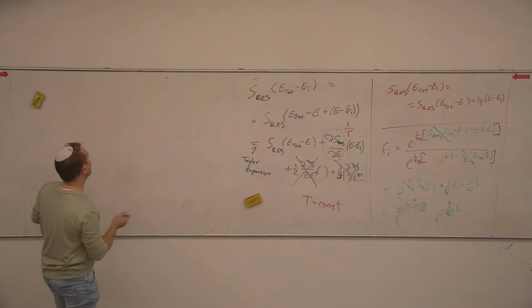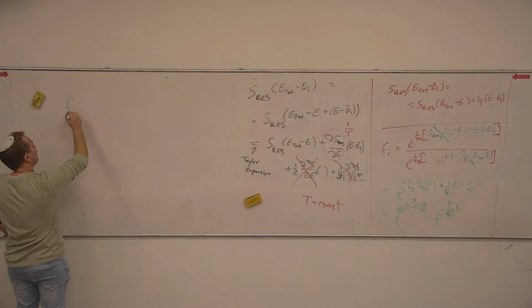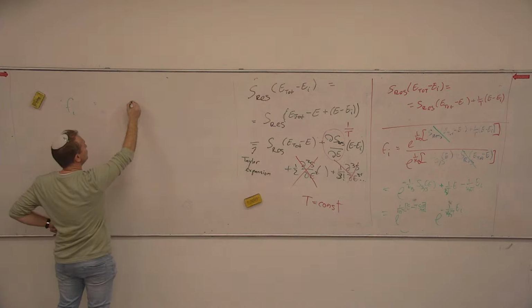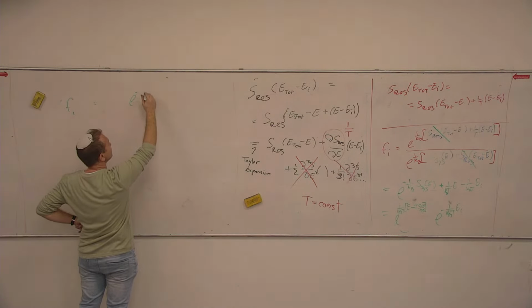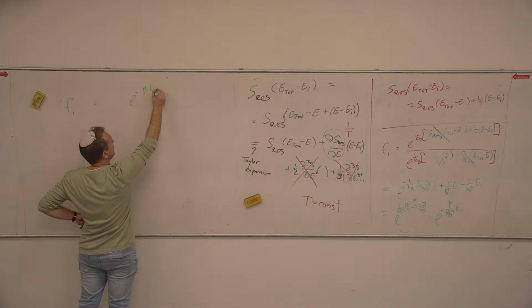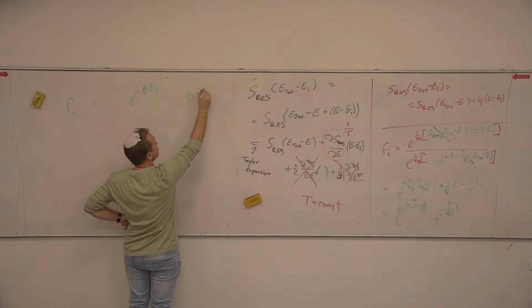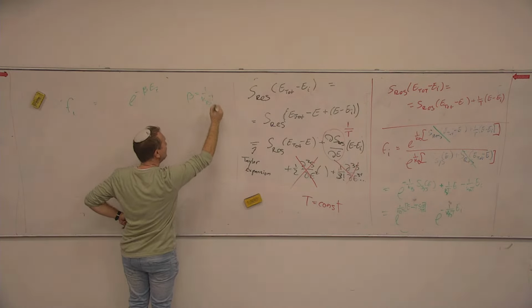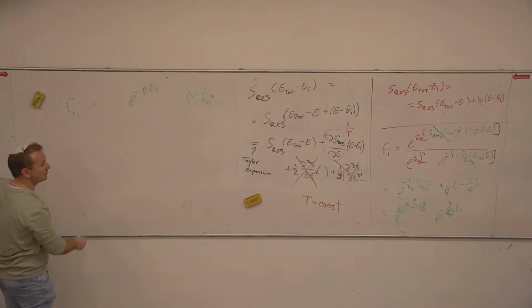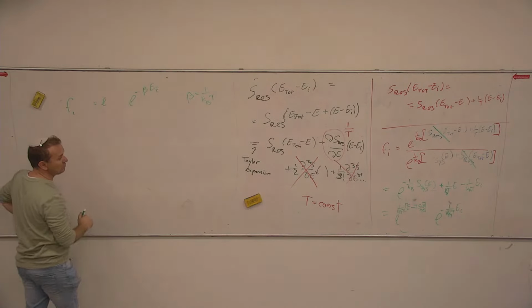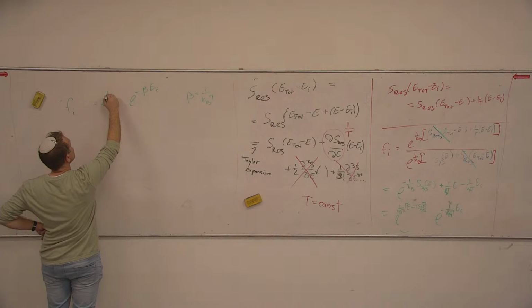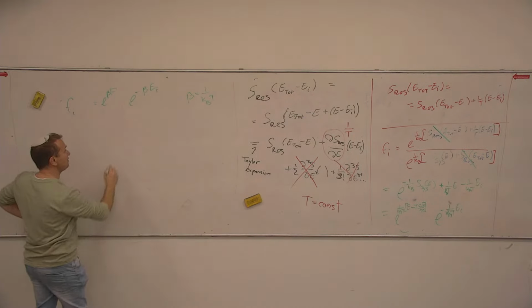The canonical ensemble tells you that Fi equals e to the power minus beta Ei, where beta is 1 over k Boltzmann T. Here you have e to the power beta F. What is F?